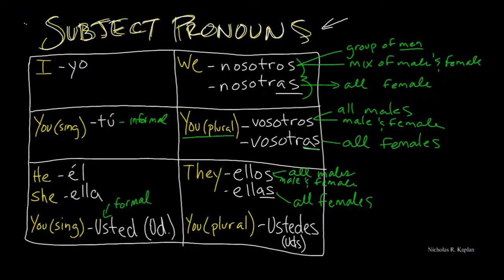And this is both if we're talking to a single person, but this one up here, that is informal. This one down here, that is formal. You're going to learn more about that in another video, but just know that you have the two. So we have vosotros and ustedes. Informal, formal.